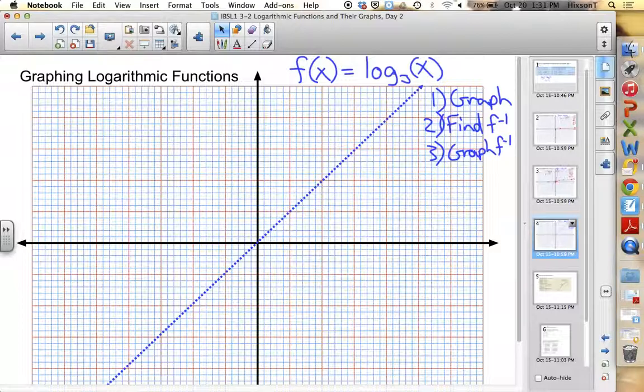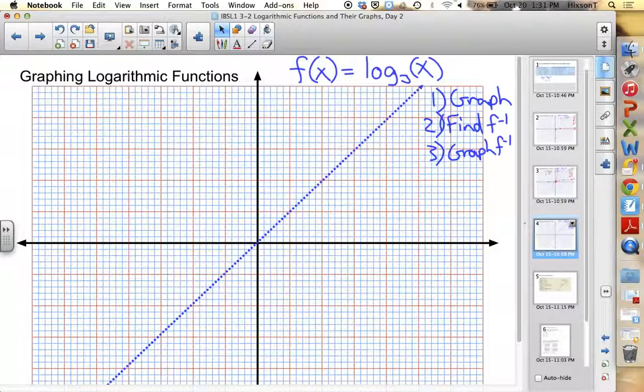Alright, how are we coming? We have them graphed? Almost. Mr. Hickson, how do you define... Oh, well, remember, what's the inverse of a logarithm? No, the other tab.